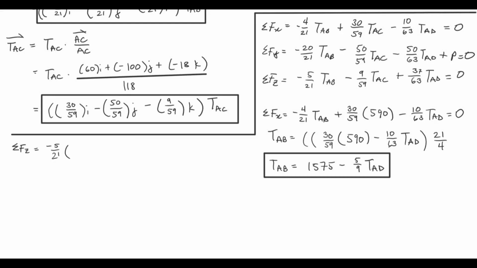Now I'm just going to plug in the expression for tension AB. Times 590, which is given to us. So now from this expression, we can solve for tension AD.